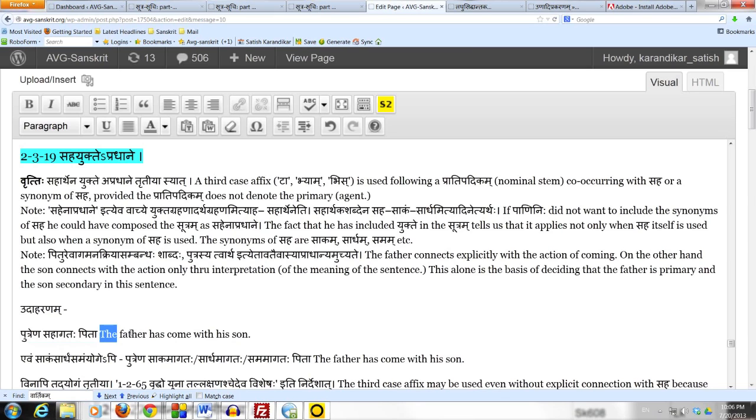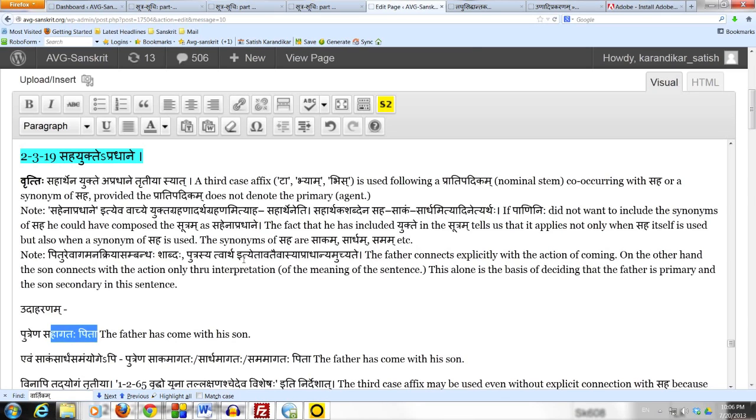Now how do we decide which one has pradhanyam, which one does not have pradhanyam? The comment says, Pituh eva agamana kriya sambandha shabdaha, which means that the father connects explicitly with the action of coming, because agataha is connecting with pita. The father has come. That's the explicit word connection. That's what's called shabdaha.